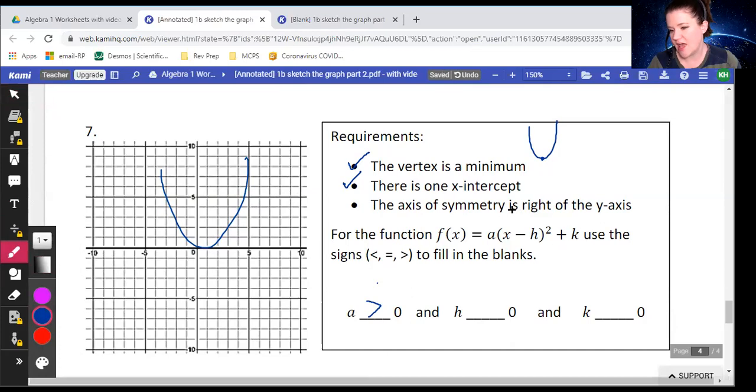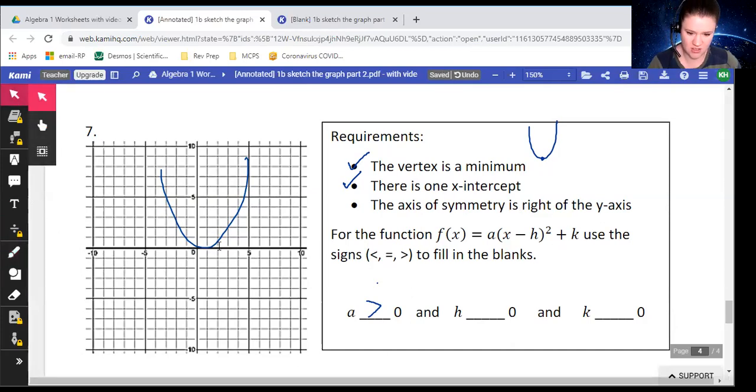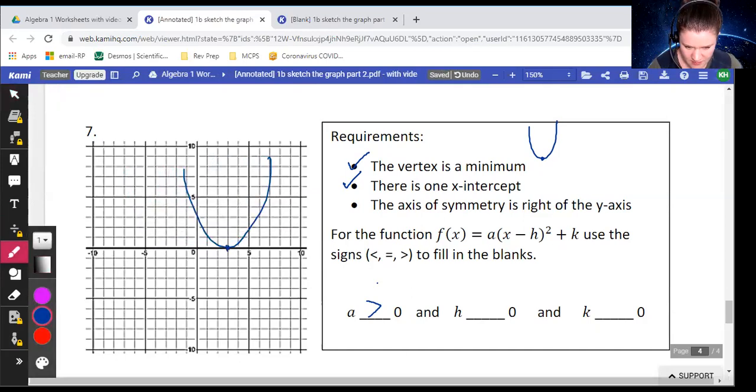And the axis of symmetry is to the right. So here, we're going to pretend that that's right on the origin. Here is to the left, so here is to the right. I'm going to make it right there. I'm going to call this point my vertex. So I'm going to call that the point 3, and then it doesn't go up or down, so it's 0. All right, that makes my life a lot easier here.